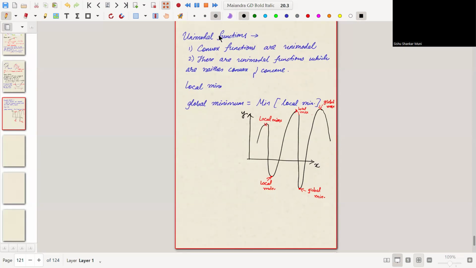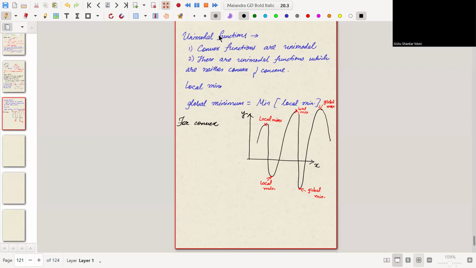So for a convex function, which you already know, the local minimum is the global minimum, because a convex function is unimodal. Whatever it has, maximum or minimum, only one of them it will have. So therefore, the local is the global. Understood? When you have more than one maximum, you differentiate between local and global, right?